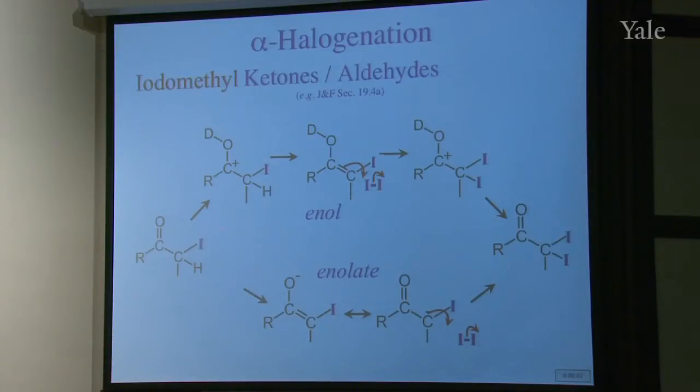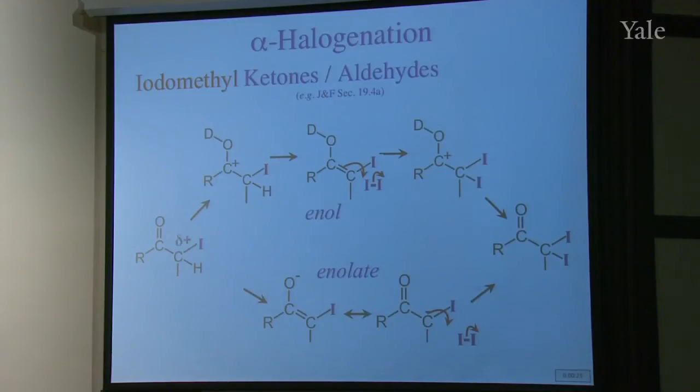Now, the product we made was an iodomethyl ketone, right? But we could also do the reaction with that. If there's another hydrogen here, we could do the acid catalyzed or the base catalyzed and get a di-iodo compound, or can we? In fact, in this case, only one of the pathways works.